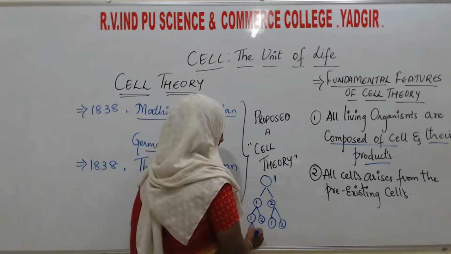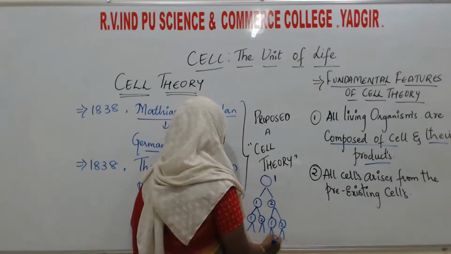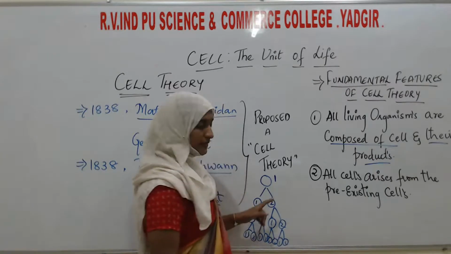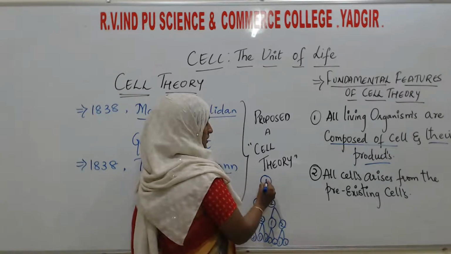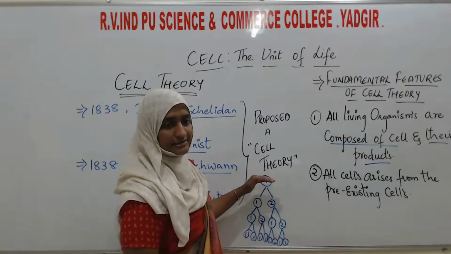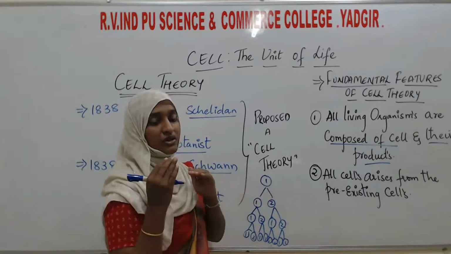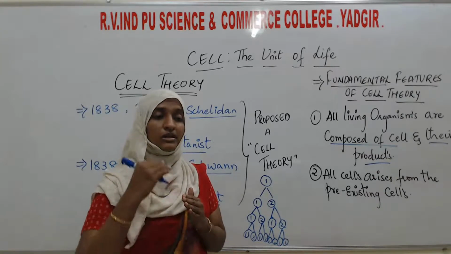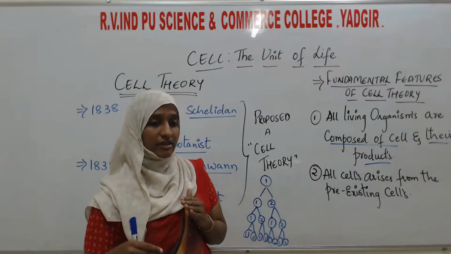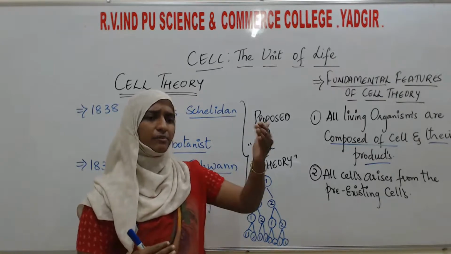In this way, again they will divide and form 1, 2, 1, 2, 1, 2, 1, 2. That means, see here, all cells arise from the pre-existing cells. One cell will come from its parent cell, and whatever the new cells are, they are coming from their parent cell.